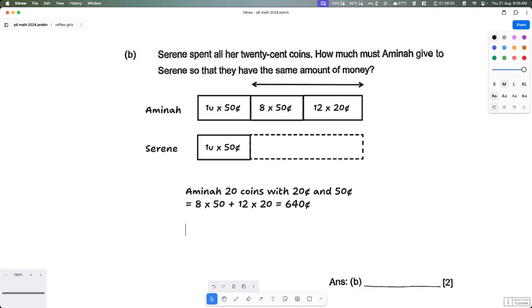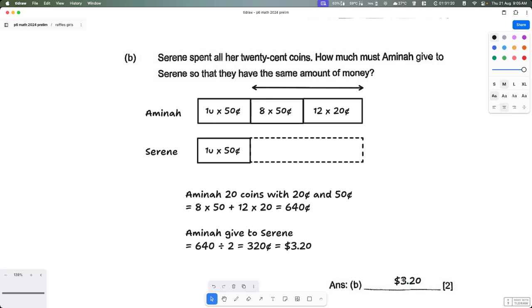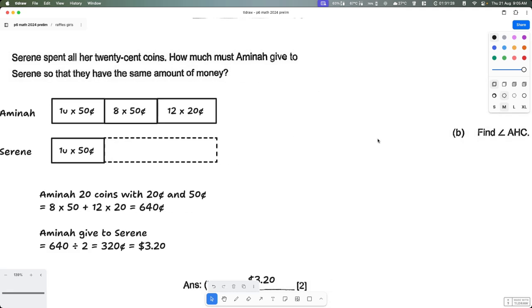So the amount to give to Serene is equal to 640 divided by 2, which is equal to 320 cents, or $3.20. That's it. Let's move to the next question.